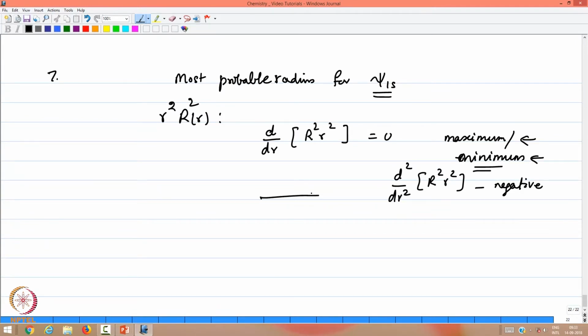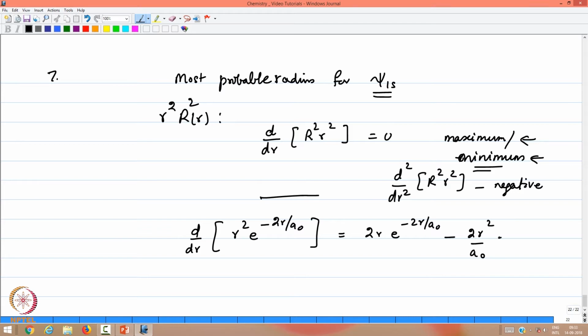Okay. So the derivative is very simple, d by dr, leaving out the numerical or normalization constant, of r square e to the minus 2r by a naught, because it's a square of the radial function, and that's given as 2r e to the minus 2r by a naught minus 2r square by a naught e to the minus 2r by a naught, that's equal to 0.